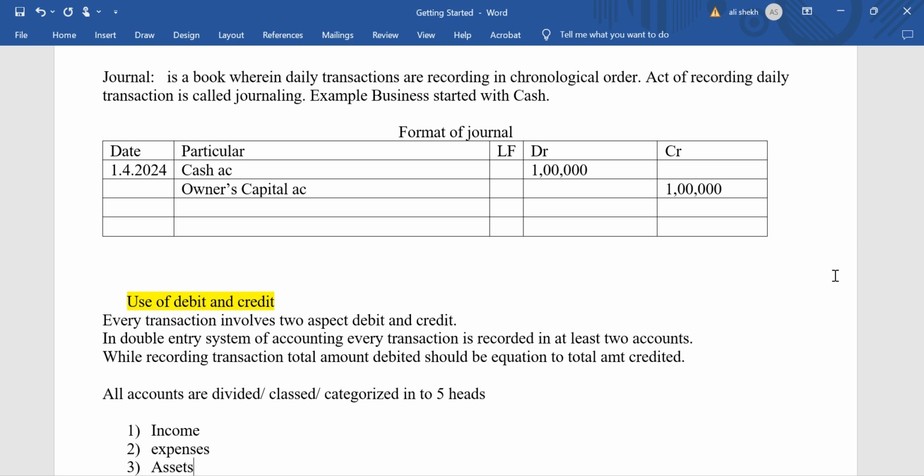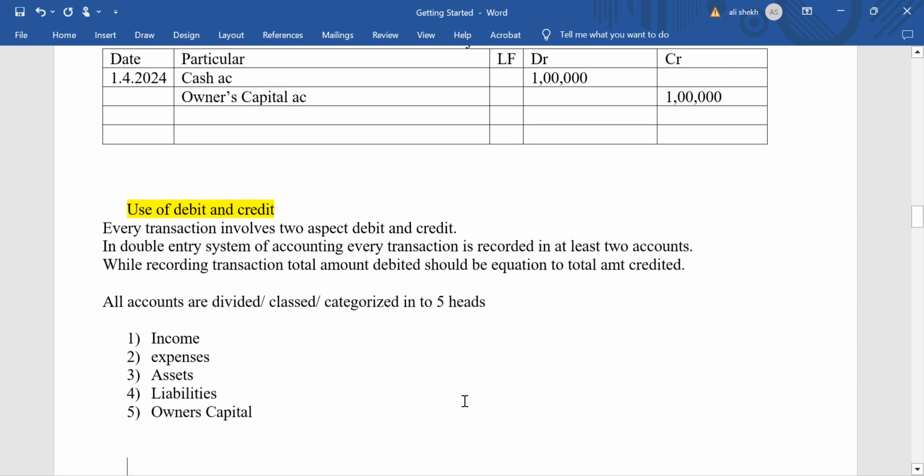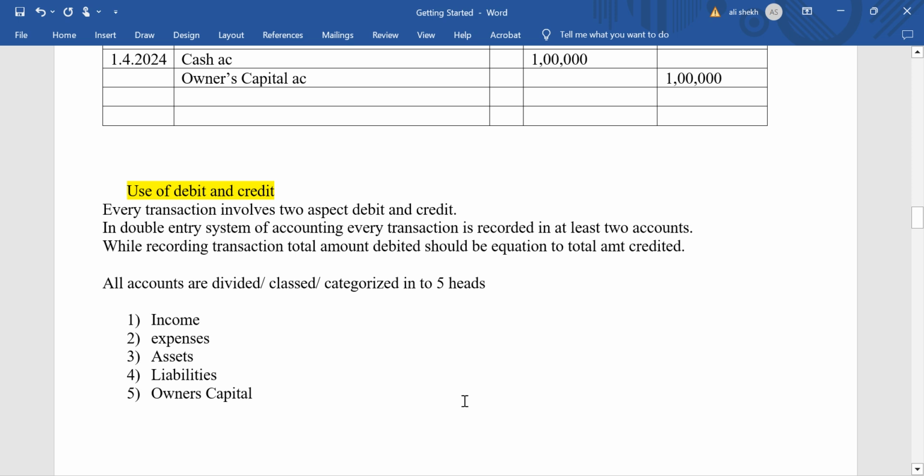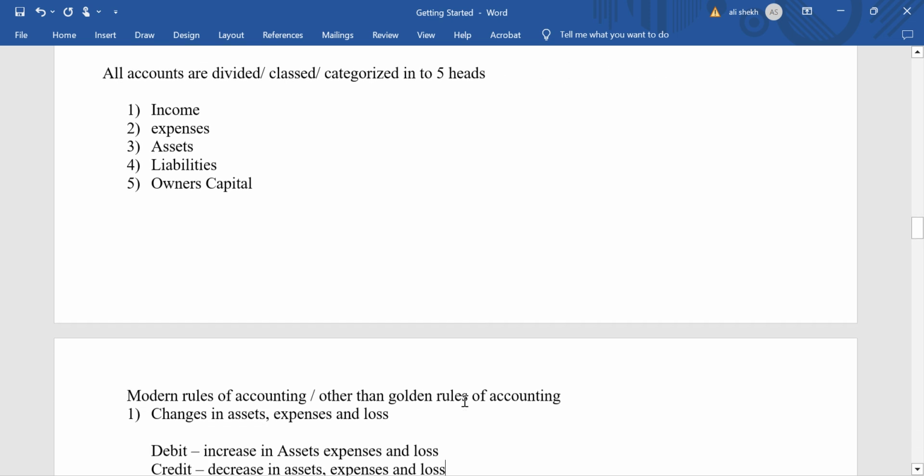While recording the transaction, total amount debited should be equal to total amount credited. All accounts are classified into five heads. Examples: income, expense, assets, liability, owner's capital.